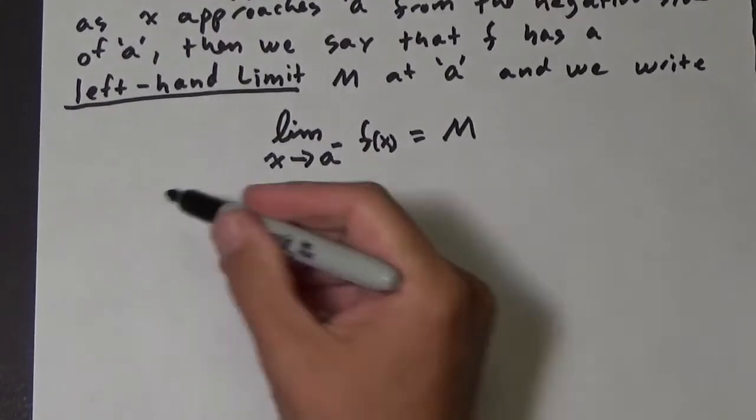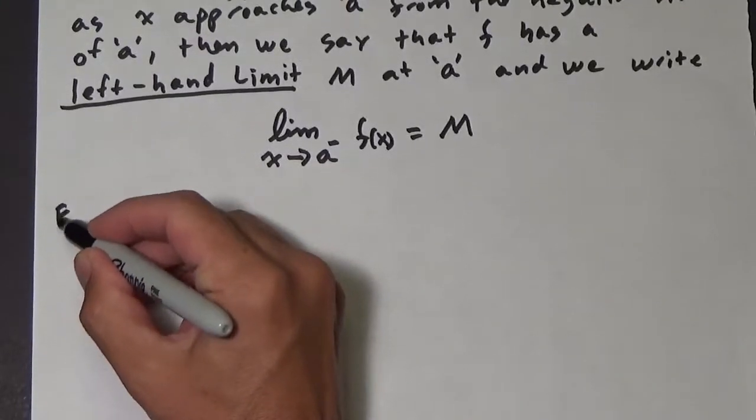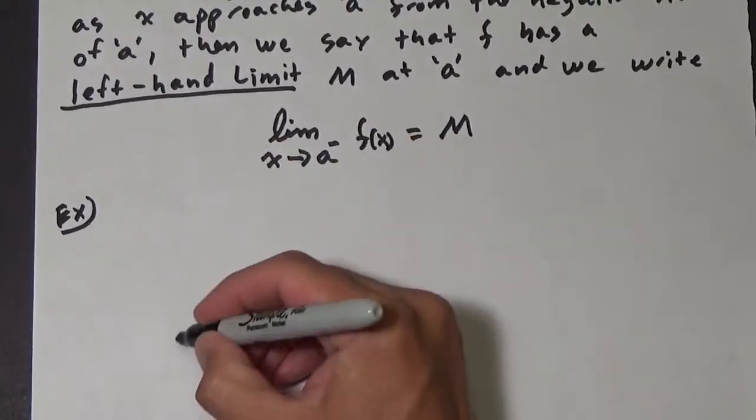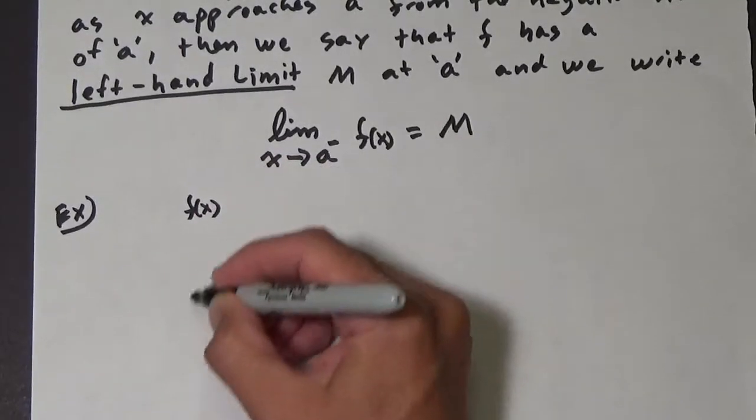So let's look at an example. Here's some function, f of x, a made up function.